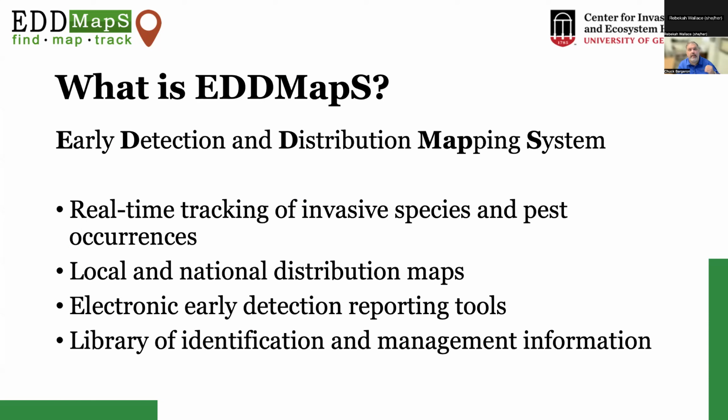The four things that are really key when we talk about EDDMapS are real-time tracking of invasive species and pest occurrences, having local maps that will work for SISMAs, CWMAs, PRISMs, as well as state and national maps, making it very simple for anyone to report data and manage that data as well, and a great library of identification and management information. Part of that is through the Bugwood image system.